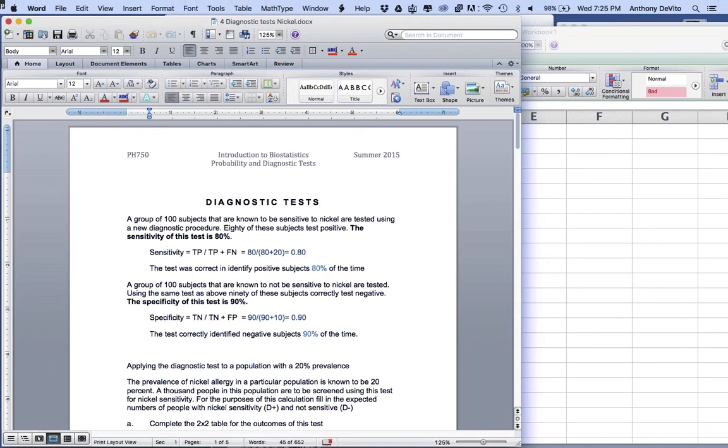So it's interesting. Maybe we'll take a look at a simple diagnostic test. The one that they currently use is a patch test, where they put a grid on your arm or some other part of your body and actually expose you. It's a challenge. They prick your skin slightly with the various things that you might be allergic to, and some metals might be included.